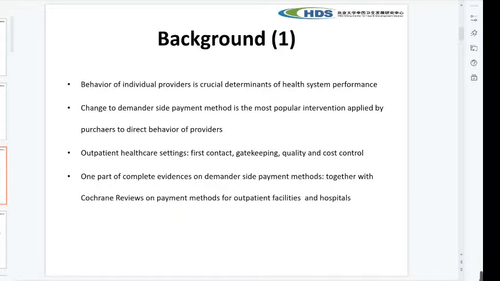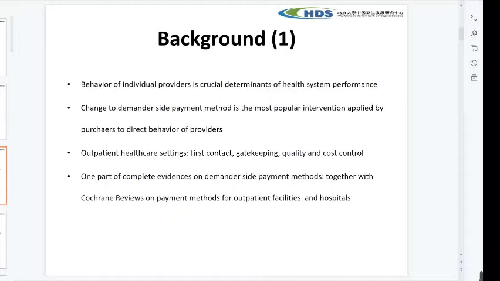Usually the outpatient settings provide the first kind of services to the patient, and have a role of gatekeeping, so their performance is crucial to the health standards of the population and also the cost level of the whole health system. And this review is also one part of the complete evidence on demand-side payment methods conducted by Cochrane.